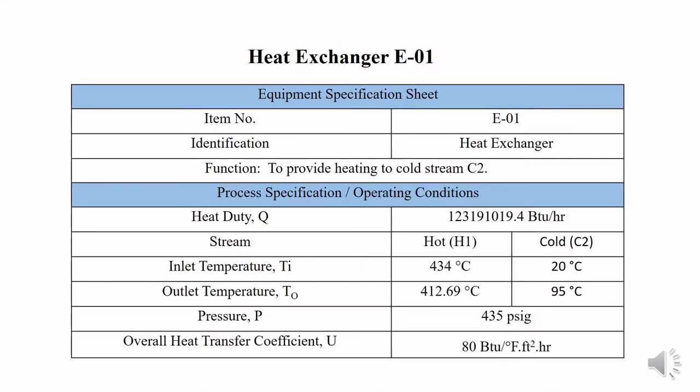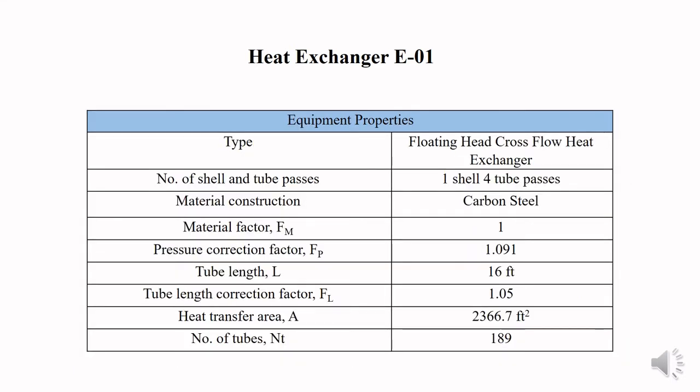In our plant, we have two heat exchangers. The first is heat exchanger E01. The function of E01 is to provide heating to cold stream C2, and the other process specification details are as stated in this slide. This is equipment properties for heat exchanger E01. The type of this heat exchanger is floating head cross-flow heat exchanger, which is suitable for exchanging heat between two gases.